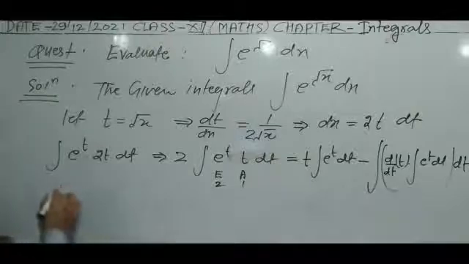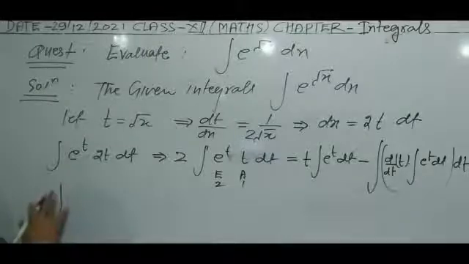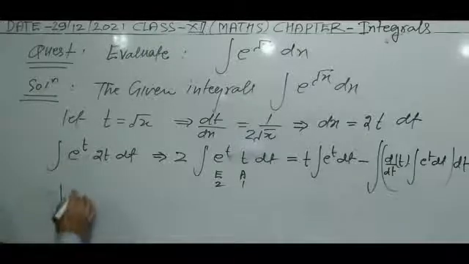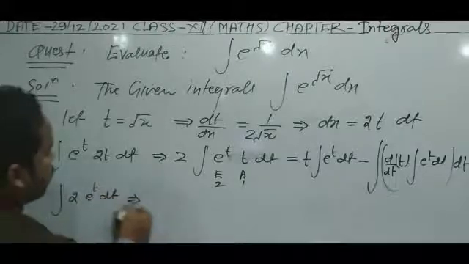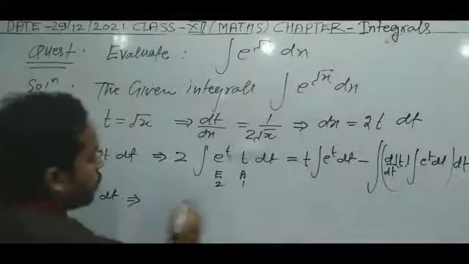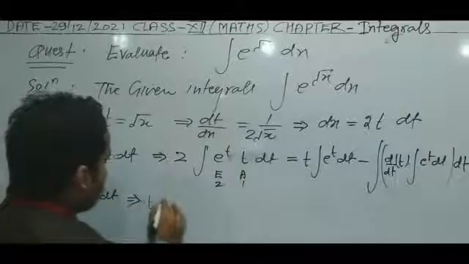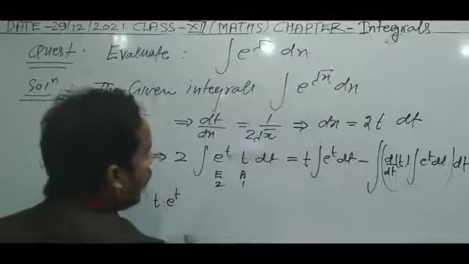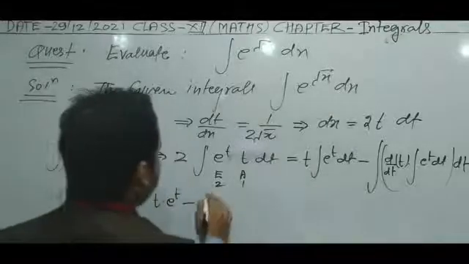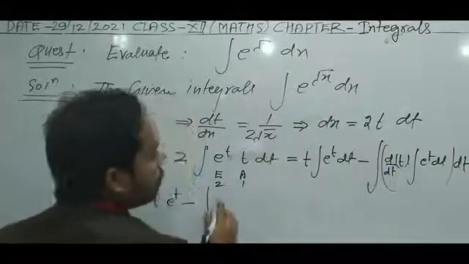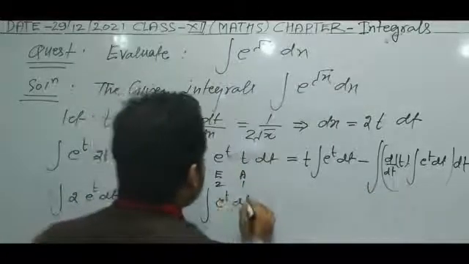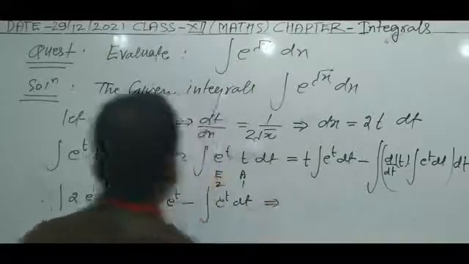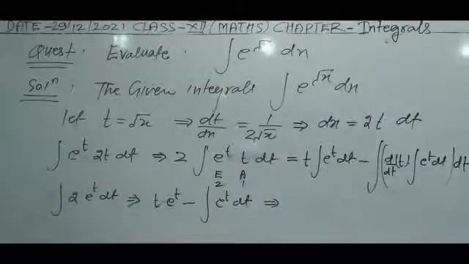Now result, 2 e to the power t dt, result we can write t times e to the power t minus this result d by dt of t, result is 1, and its integral is e to the power t. So e to the power t dt means same result will be t times e to the power t minus e to the power t.